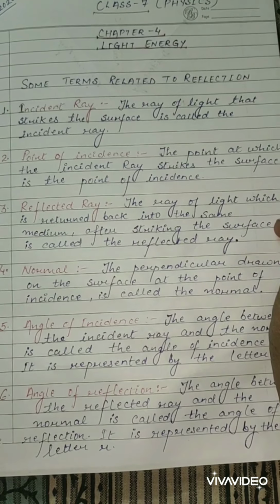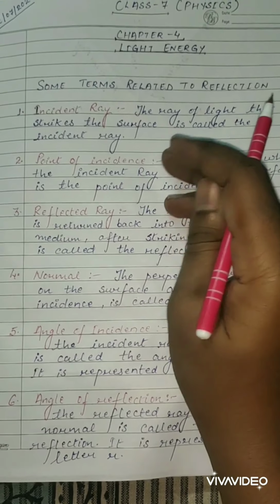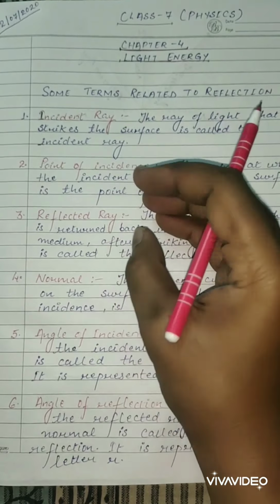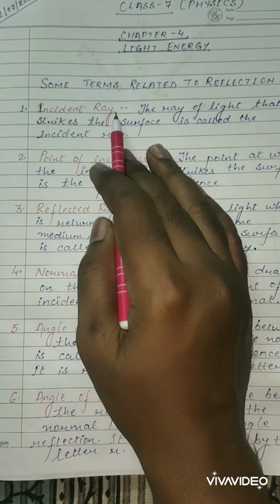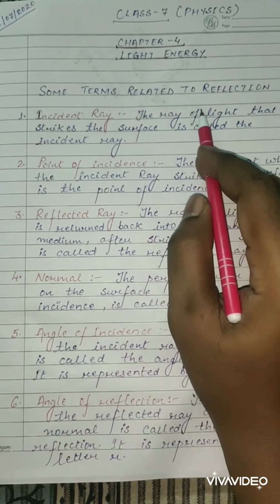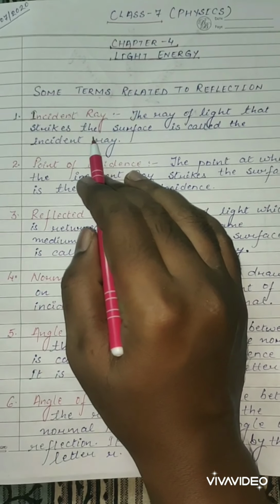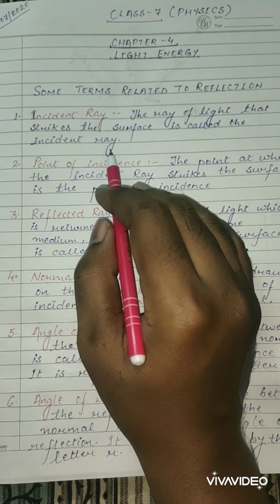So let's start. This was the term that was actually not told in the previous videos, so today I'm telling you, in a very brief explanation, what the terms related to reflection are. So the first one is the incident ray. What is the incident ray? The ray of light that strikes the surface is called the incident ray.